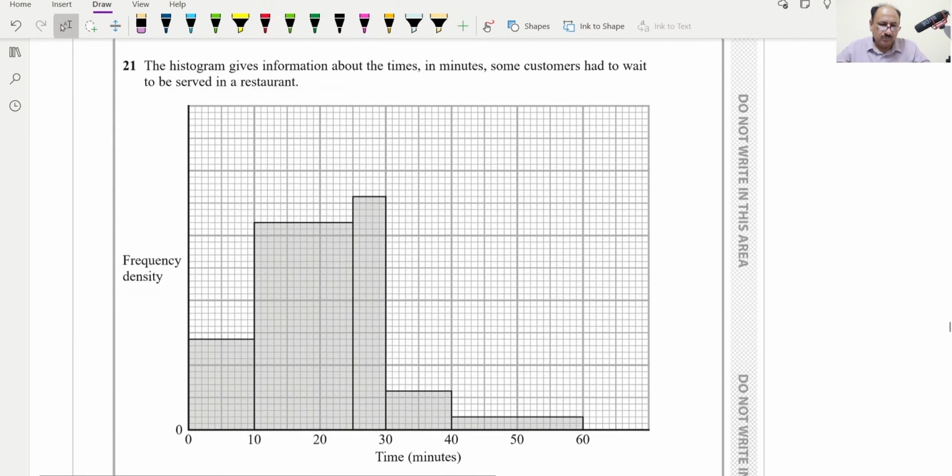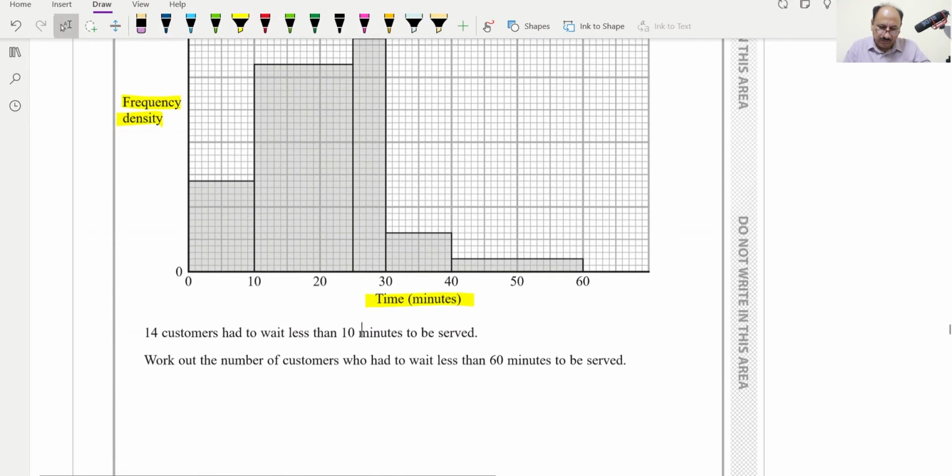Now question number 21. The histogram gives information about the time in minutes some customers had to wait to be served in a restaurant. This side is frequency density and this side is time in minutes. They're saying 14 customers had to wait less than 10 minutes to be served.